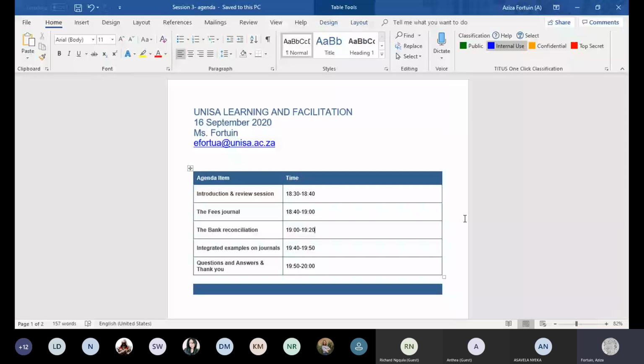I'm not going to touch on the trust receipts and the trust cash payments journal just yet. I just want to do the fees journal and then we're going to move on to our bank reconciliation. So let's look at our fees journal, and there's a comprehensive example on page 86. If you can just go to your study guide, the green one.